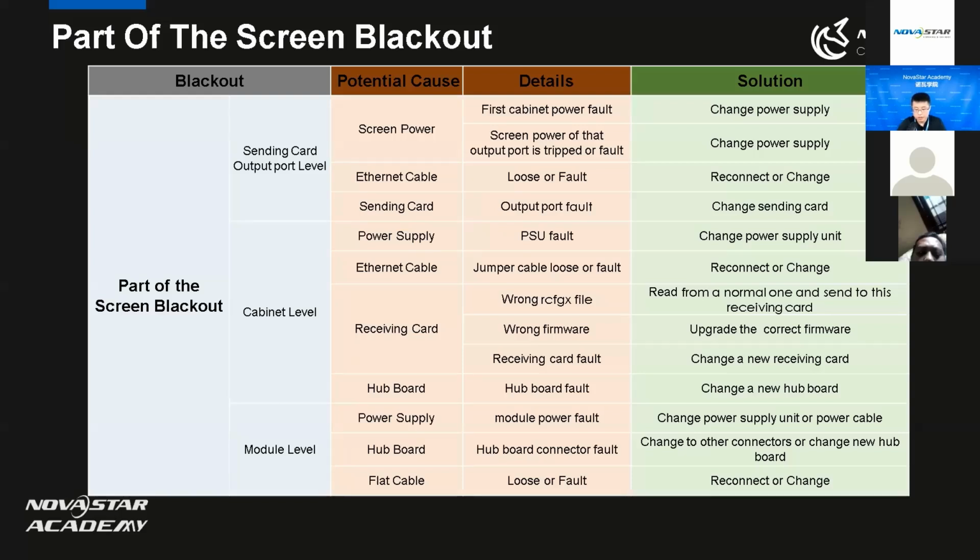And for the receiving card, we have three factors: RCFGX file, firmware, and receiving card hardware. So for the RCFGX file and the firmware, you can try to reload, but for the receiving card hardware, you may need to change a new one to see if the old one is bad or broken.